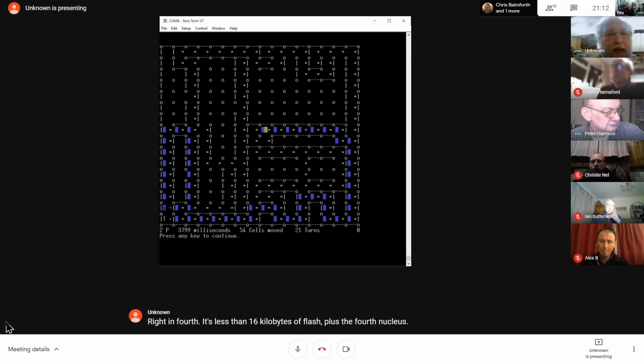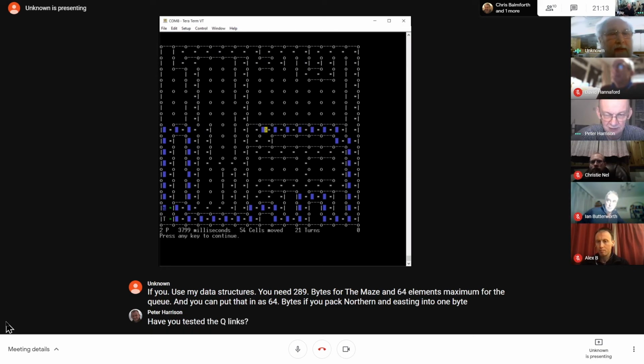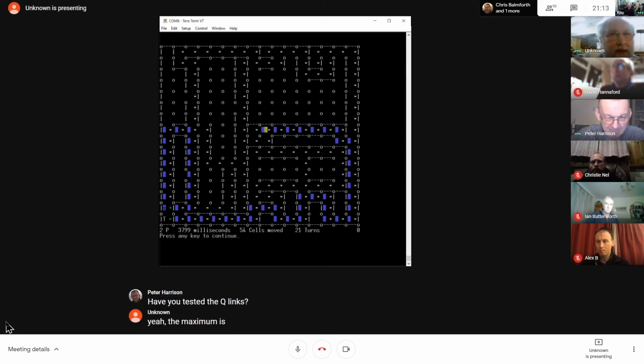If you use my data structures, you need 289 bytes for the maze and 64 elements maximum for the queue, and you can put that in as 64 bytes if you pack northing and easting into one byte. Have you tested the queue length? Yeah, the maximum is 32 elements.